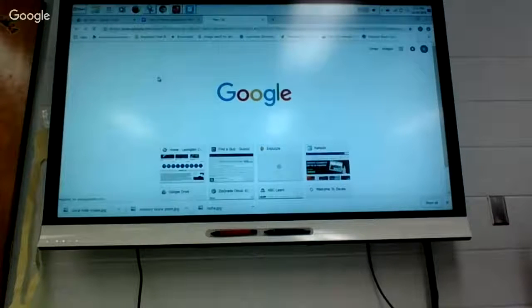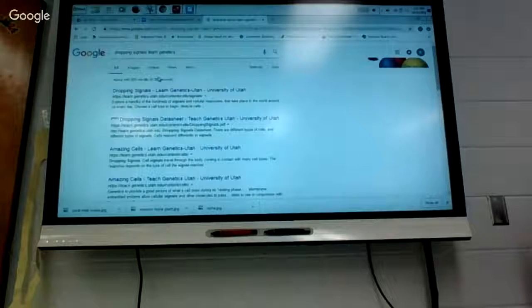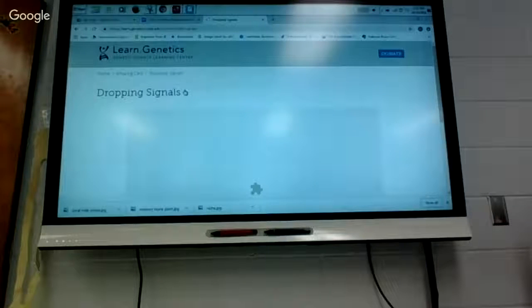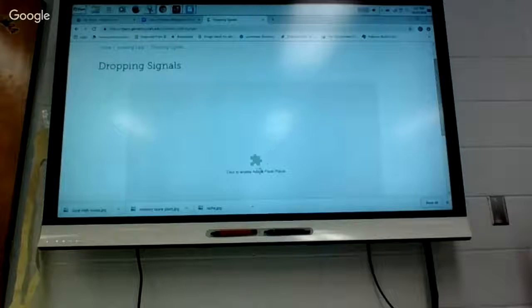Learn Genetics. It should be the very first one that comes up. If you're interested in this part of biology and genetics, this is a really cool site to visit. There's all kinds of neat stuff. You'll have to click on this little puzzle piece to make the Flash work and allow.